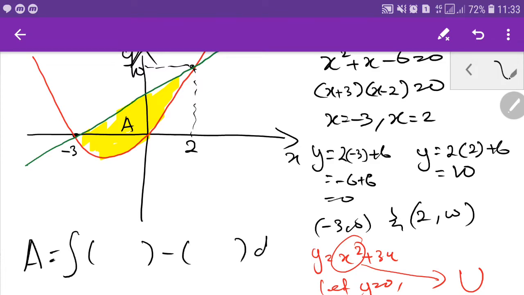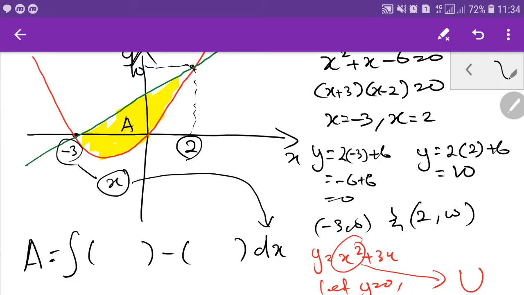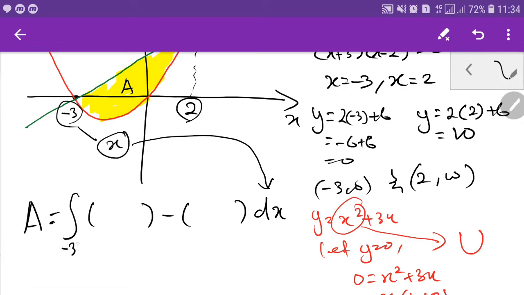Whether we use dx or dy is determined by the lower limit and the upper limit. As you can see here, the area starts from minus 3 and ends at 2. These are values of x, so we are going to integrate in terms of x, and minus 3 and 2 are the limits.